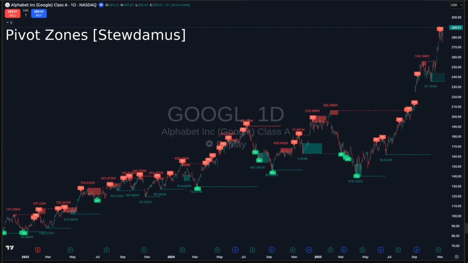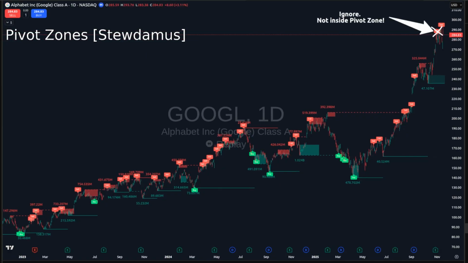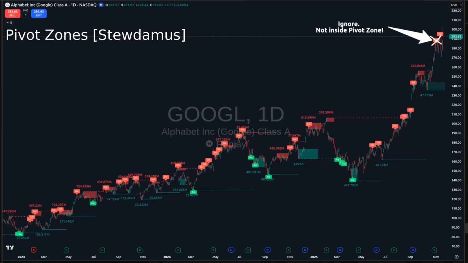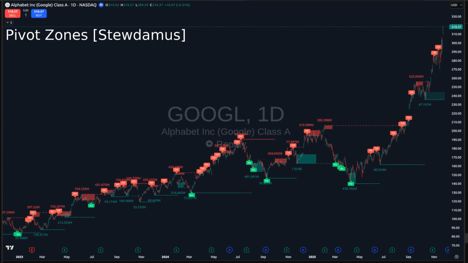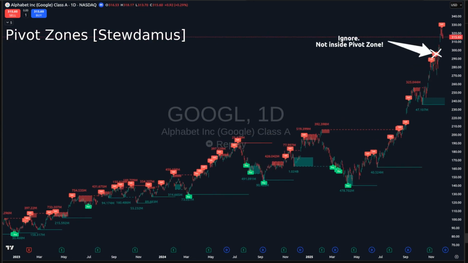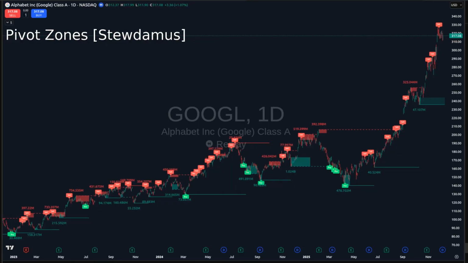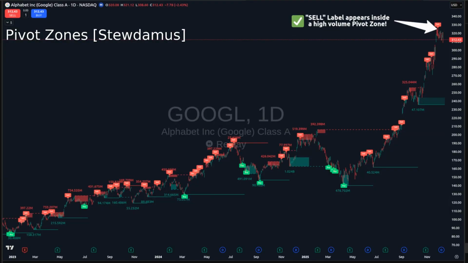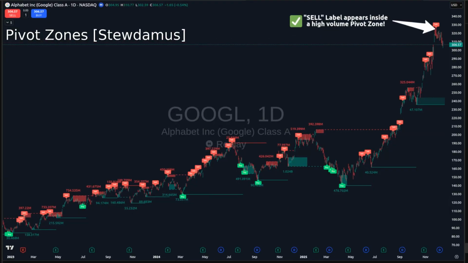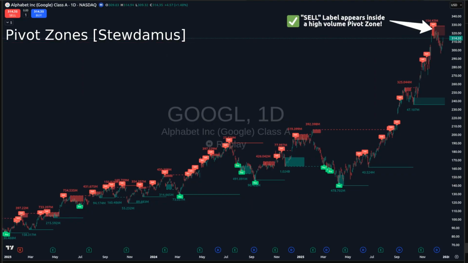Now we're just waiting for a pivot zone. Oh, that one we ignore. All right. So it must be that next one there. No, that one we ignore as well. Still not inside of a pivot zone. All right. That final one must be the one. Yes. So we're going to wait for it, and you'll see in just a minute, there's your pivot zone.